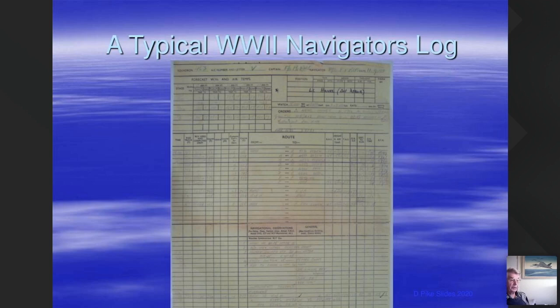So you would log your pre-takeoff checks there. Then on the left again, you've got your tracks required, the headings to achieve those tracks, and the winds you're using. On the right-hand side, you've got the distances, the speeds, the time you're going to take on each leg, and when you expect to get to the next turning point.